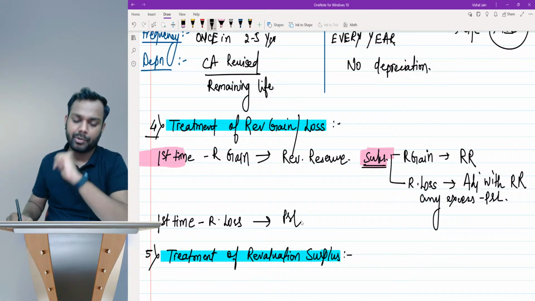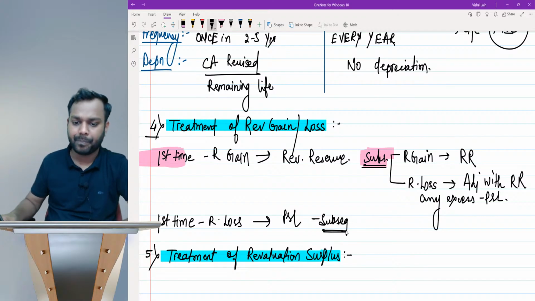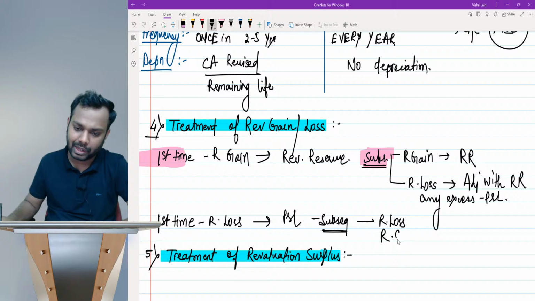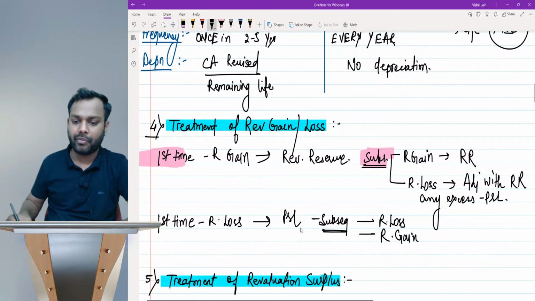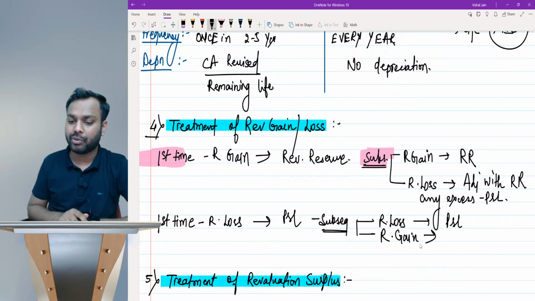Very good. It will be transferred to P&L. And subsequently you get a revaluation loss, it will be transferred to P&L, right? Subsequently, you are getting a revaluation gain. Where will this be transferred to?